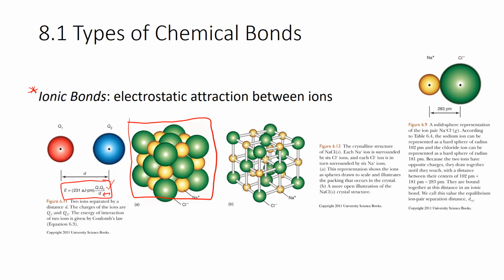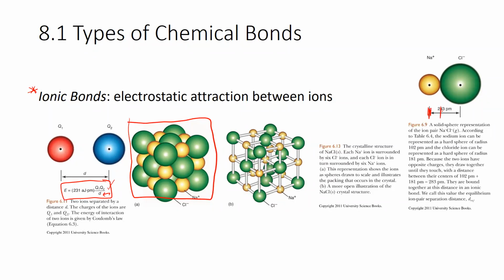And so the distance between the two charges is also going to be very important for understanding the energy of the attraction between those ions, okay? Something we're going to look at as far as the distance between those particles is basically the sum of what's called the ionic radius of the two ions.